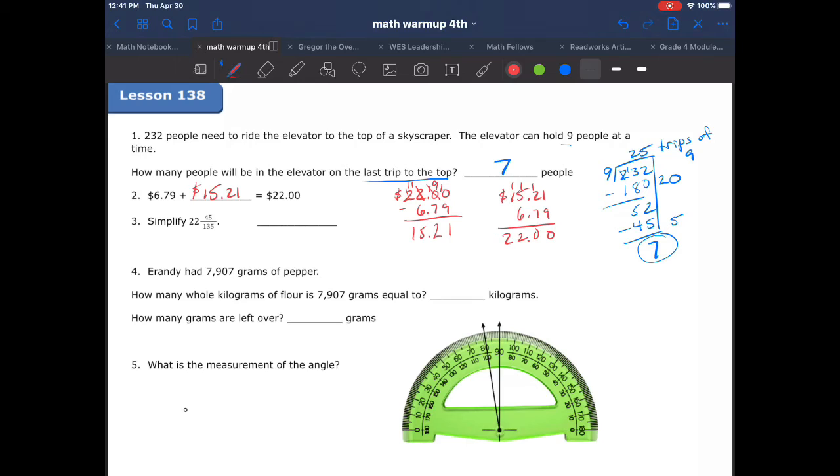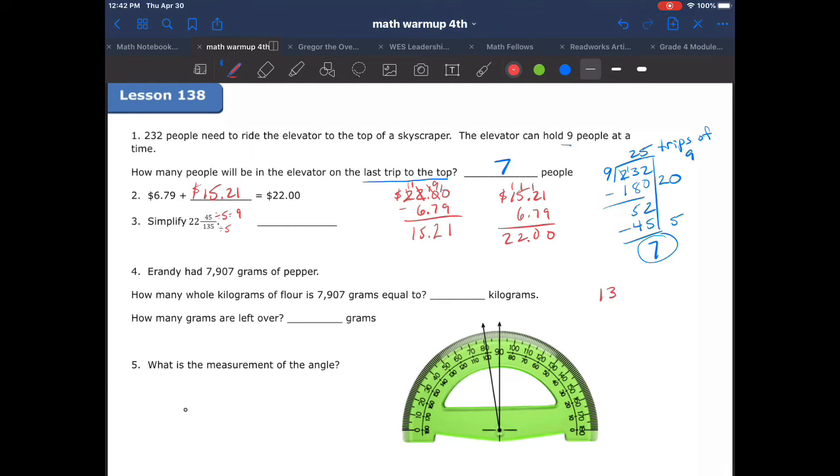Simplifying. When you're simplifying and there's a fraction, it means you're going to divide the numerator and denominator by some number and get a simpler fraction. So 45 and 135, maybe 5 jumps out at you. I know that 45 divided by 5 equals 9. And what is 135 divided by 5?